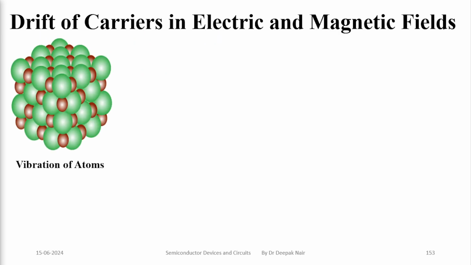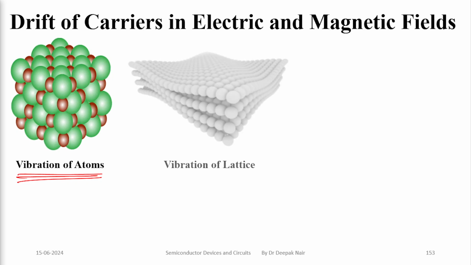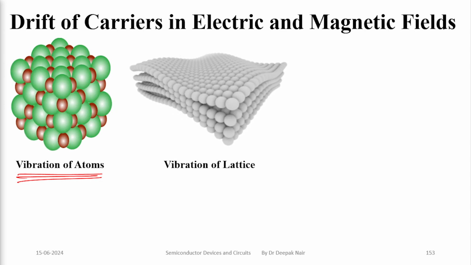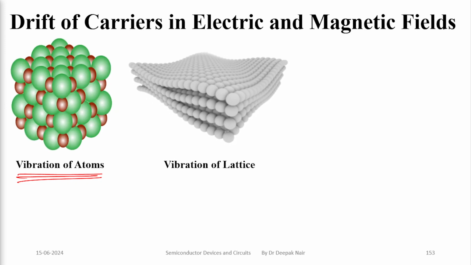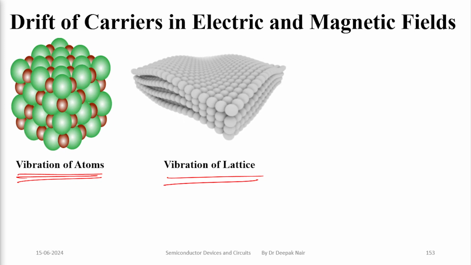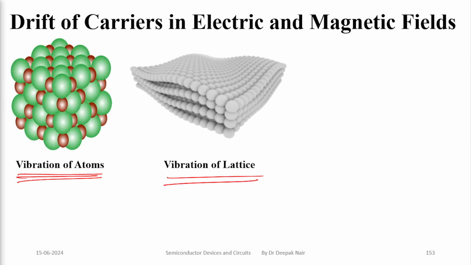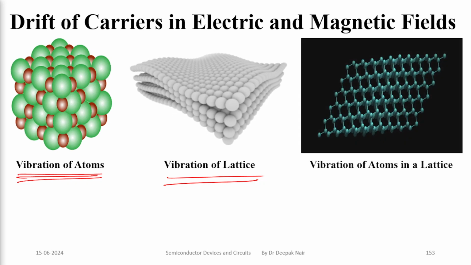So let us start from the atomics, or we can say the smallest entity. At room temperature, the atoms inside the semiconductors are always vibrating. Not only the atoms, even the lattices inside the semiconductor are vibrating if they are at room temperature or at any temperature greater than absolute 0 degree Kelvin.